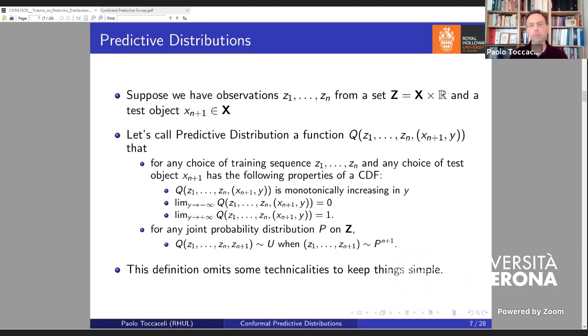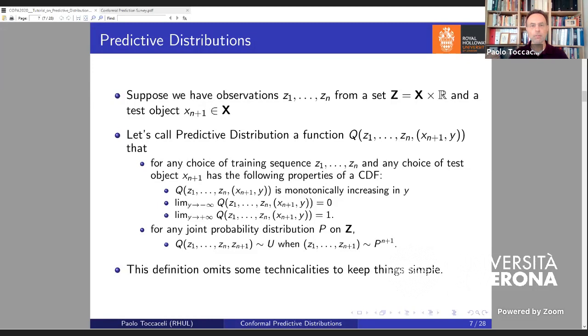We call predictive distribution here a function Q of the training set Z1 to Zn and of a hypothetical test observation made up of the test object and our hypothetical value for the label, that has the following properties. For any choice of training sequence and any choice of test object, Q has the properties of a CDF. So it's monotonically increasing in y.